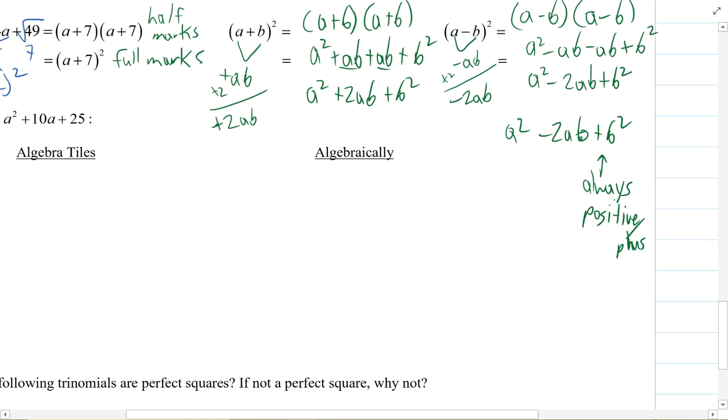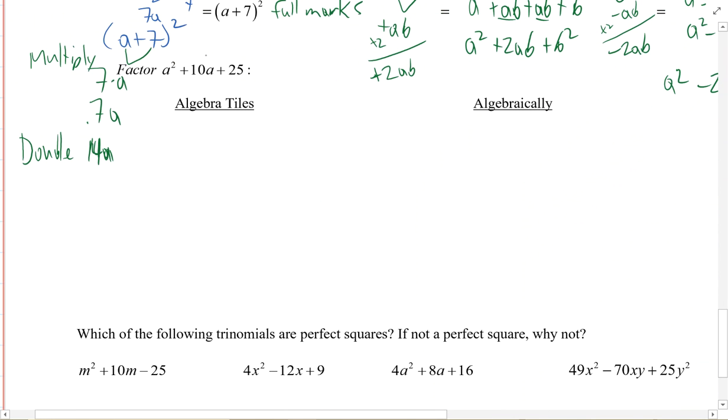So let's just look here, factoring this here. We won't worry about algebra tiles, but your product equals 25 and your sum equals 10. So 1 and 25, 5 and 5, and the only way to get 10 is with these ones.